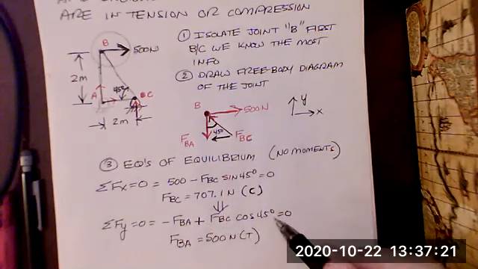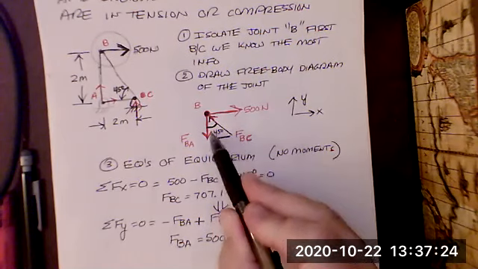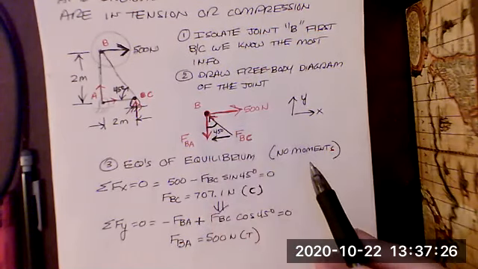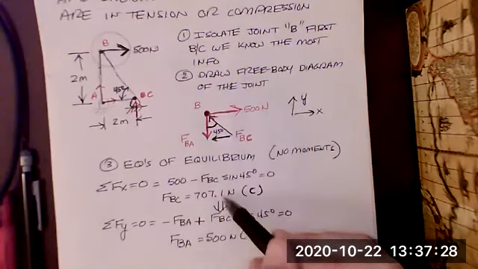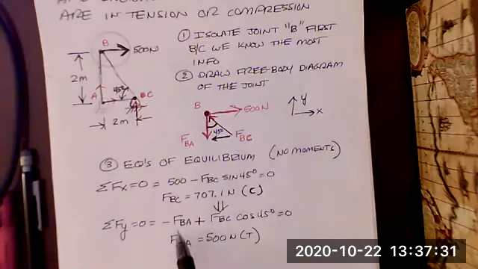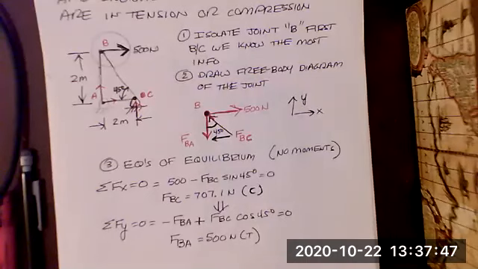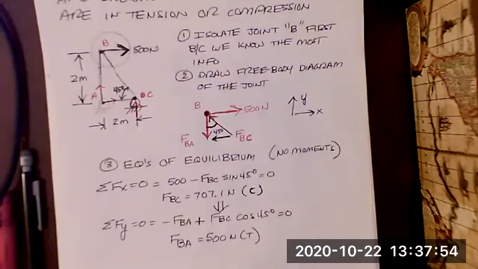So FBC cosine 45 is going up. We know what FBC is. You plug that in and you can take the FBA over to the other side. So what is 707.1 cosine 45? 499.9? Yeah, so I just round up to 500.